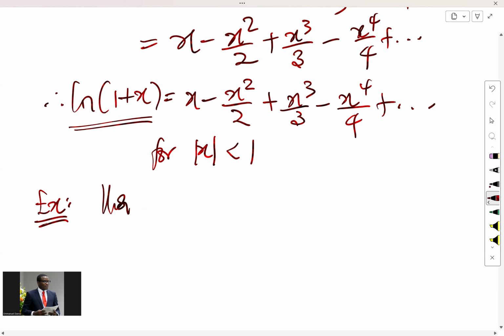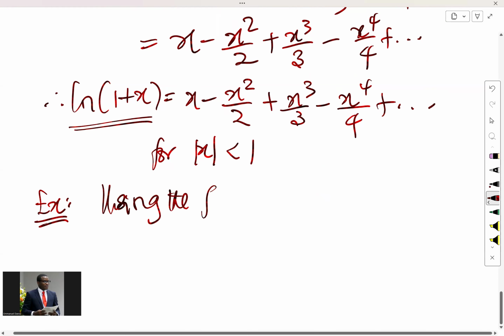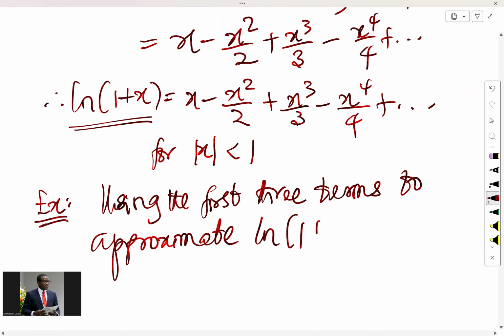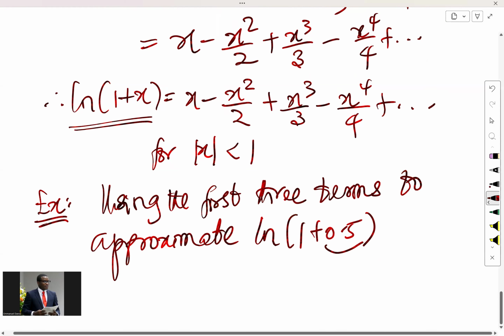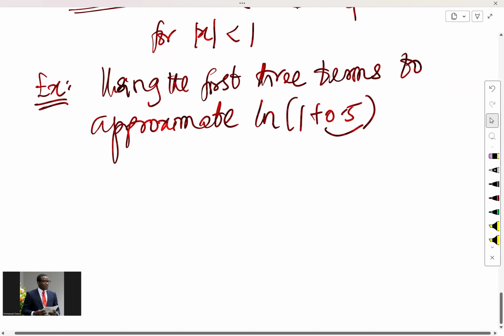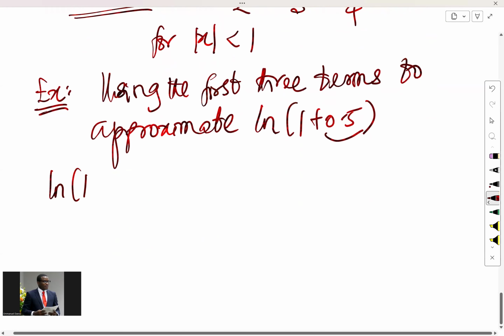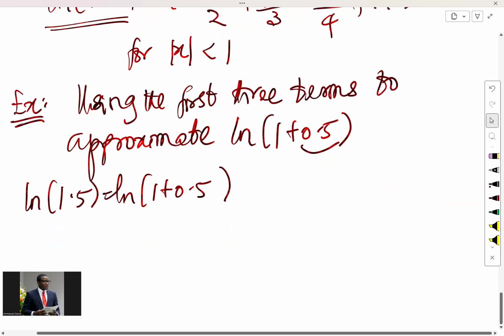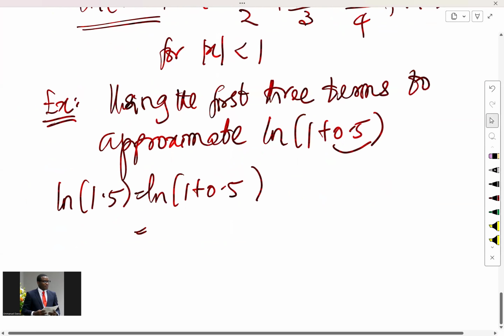Using the first 3 terms to approximate ln(1 + 0.5). Now our x is 0.5. So we simply have ln 1.5 in short, which is ln(1 + 0.5). So 0.5 is your x now.